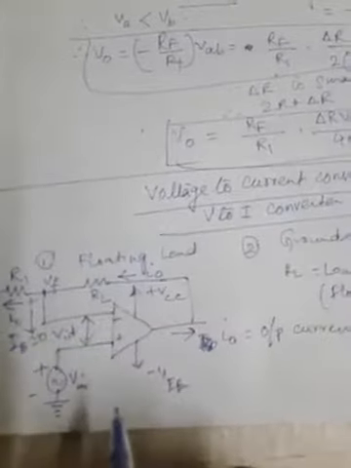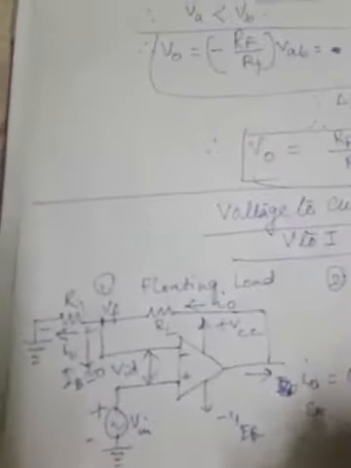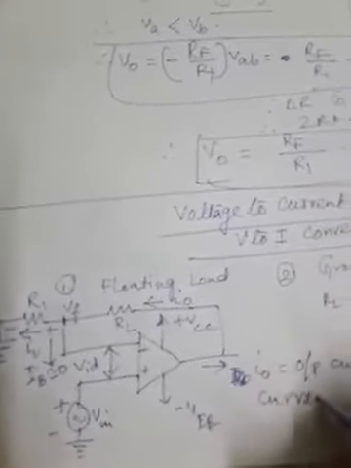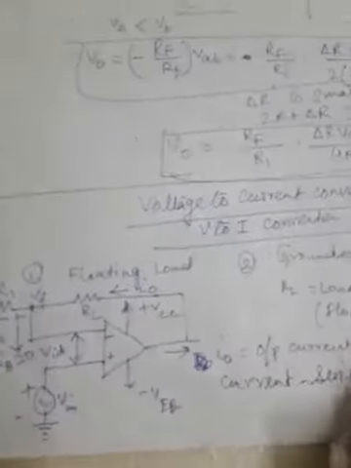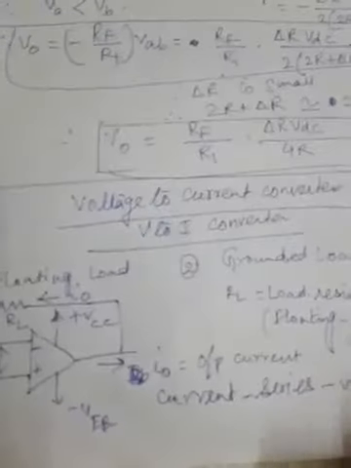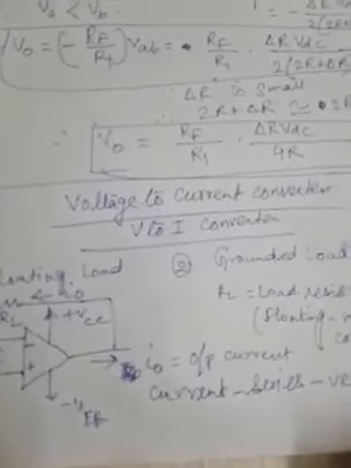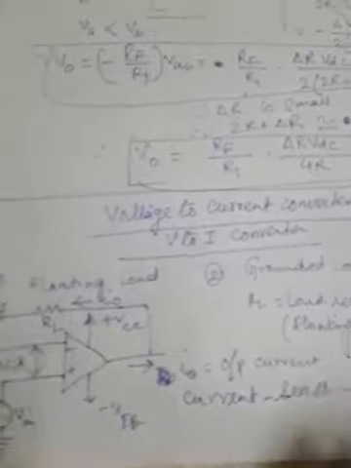This circuit is also called current series negative feedback. So this is the topology that is used for negative feedback: current series feedback.